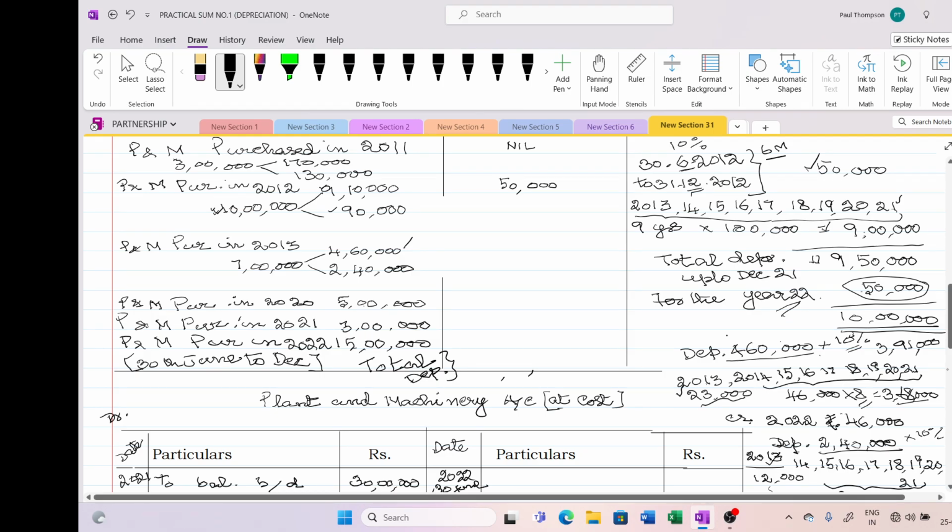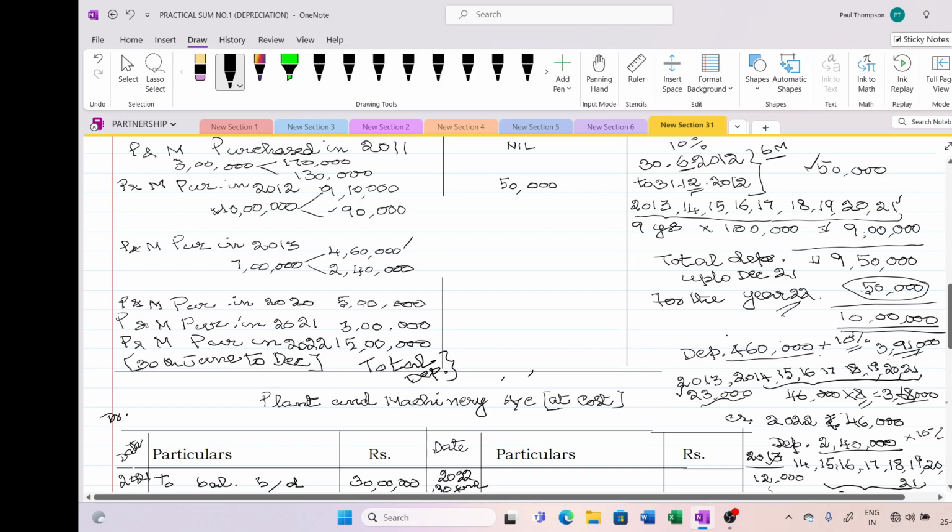Then the remaining years, 14 to 21, is 8 years. The total comes to 3,68,000. You can do it by yourself for easiness and to reduce the time. I have done it like this straight away: 3,68,000 plus 23,000. Already 3,91,000 is depreciated.